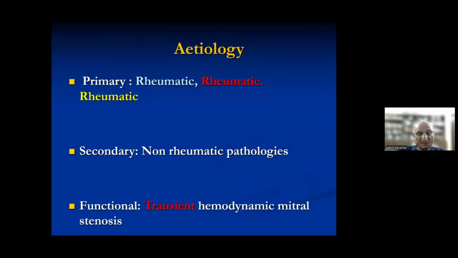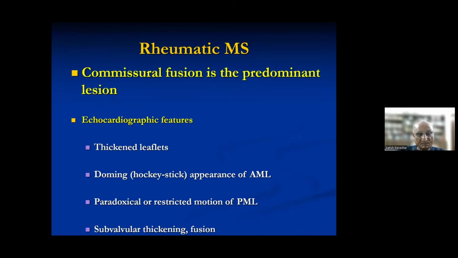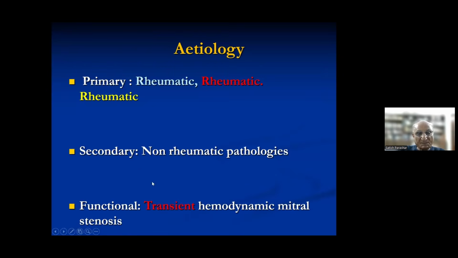A left atrial myxoma, like I showed you, can produce a transient mitral stenosis. We can also see hypereosinophilic syndrome, and some sort of calcium in this.